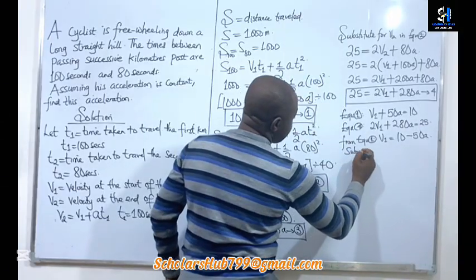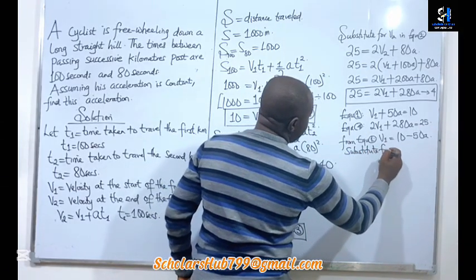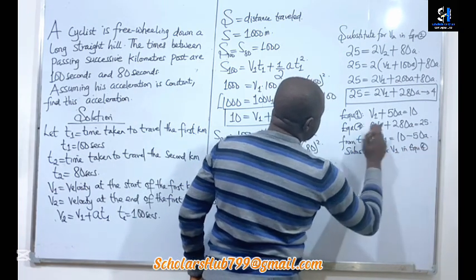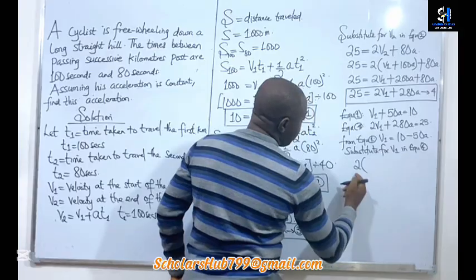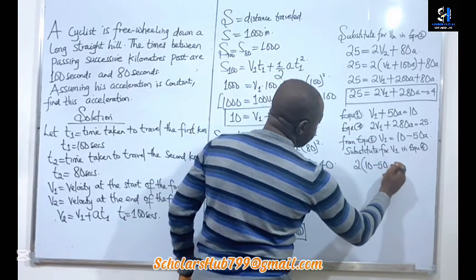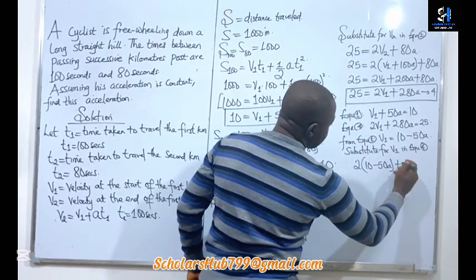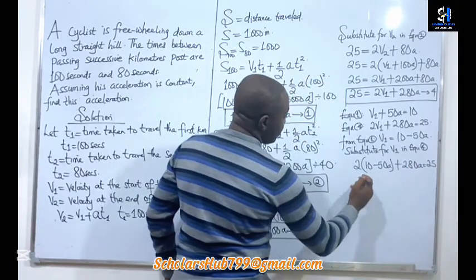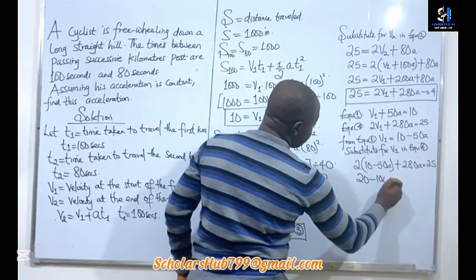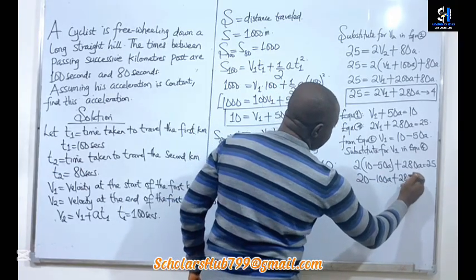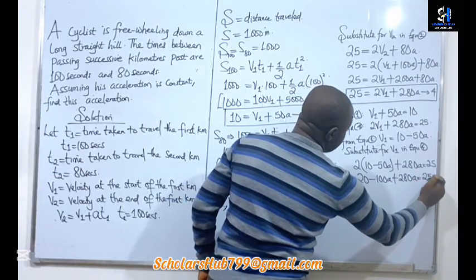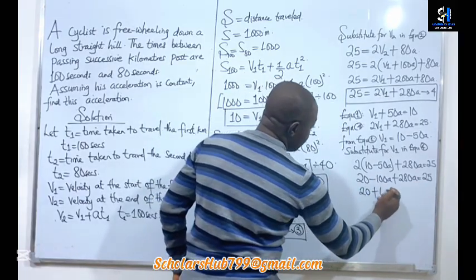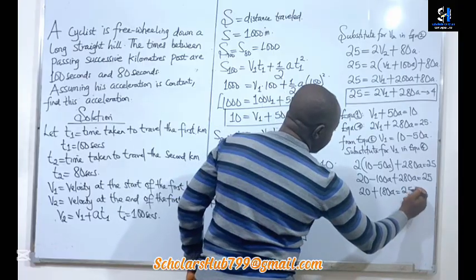So let me substitute for V1 in equation 4. That will be 2 multiplied by 10 minus 50A, then plus 280A equals 25. So this will be 20 minus 100A plus 280A equals 25. So this will be 180A. So this will be 20 plus 180A equals 25.